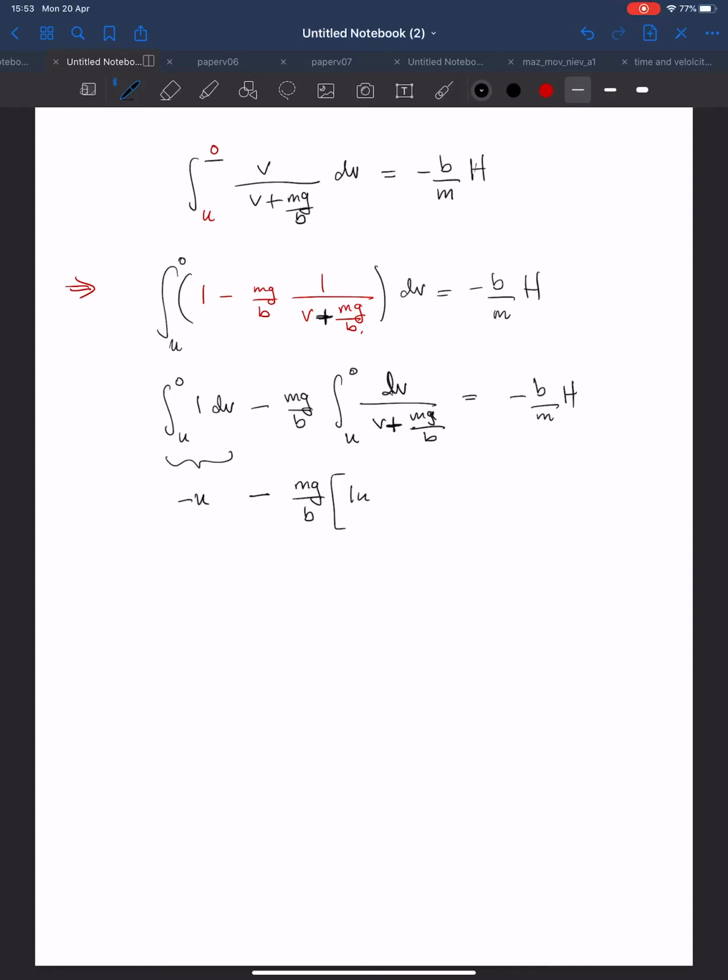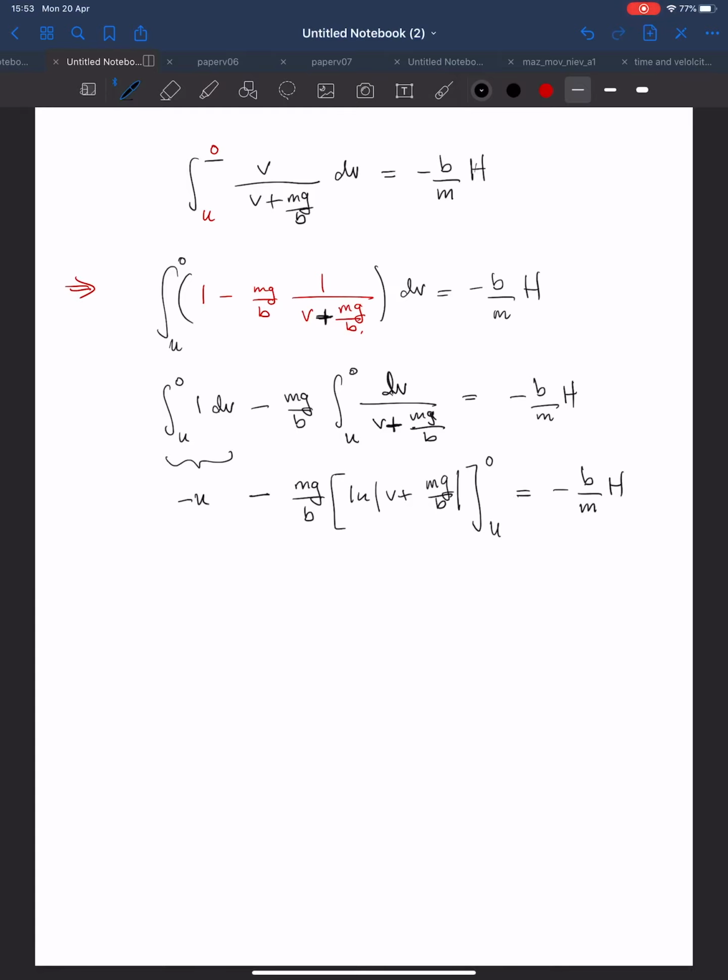And that should be plus. Okay. So this is logarithm of v plus mg over b, modulus. We'll plug in the limits and see what we get now. Equals minus b over m h.